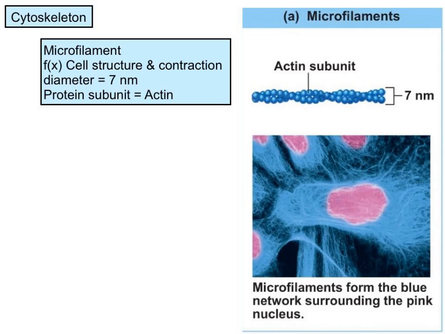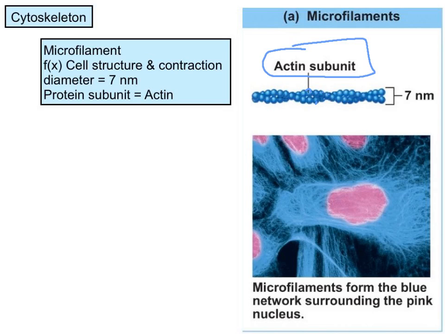So the first that we come to are our microfilaments. Now, our microfilaments tend to be made up of a subunit known as actin. So each of these little blueberry-like circles is an actin subunit, and the actin gets strung together to form these microfilaments. And the microfilaments perform a function of giving the cell structure and allowing for contraction.